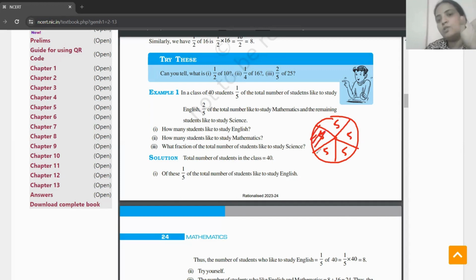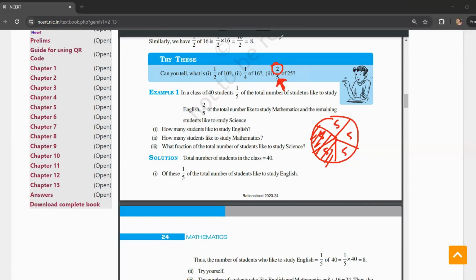Now 2 portions of it will be 10, of course. Right or not? So if you try to visualize that, the 5 in the denominator means splitting it into 5 parts. So 2/5 of 25 means split it into 5 parts and then select 2 out of it. Have you understood that meaning? Is that clear to you people?